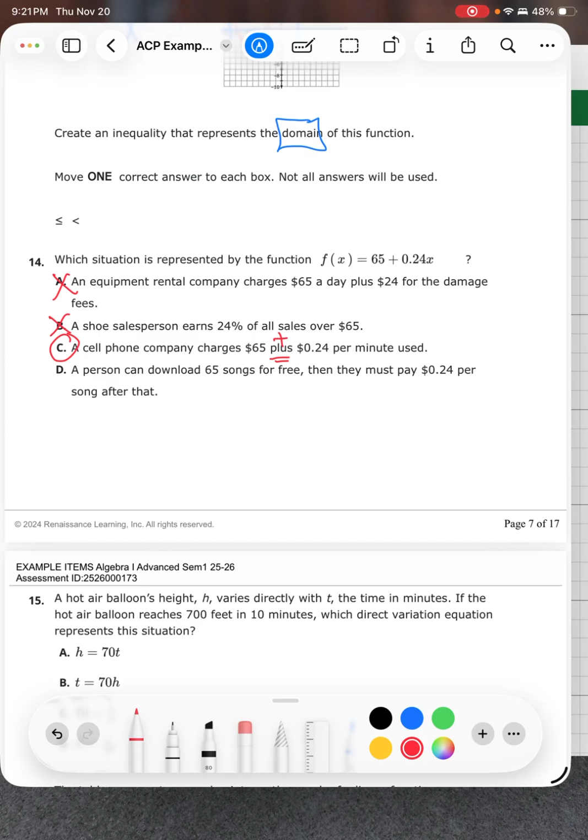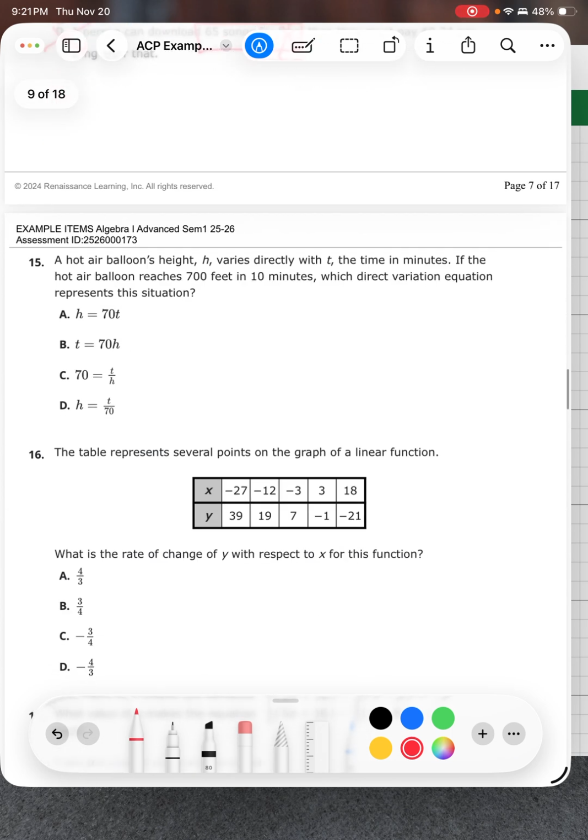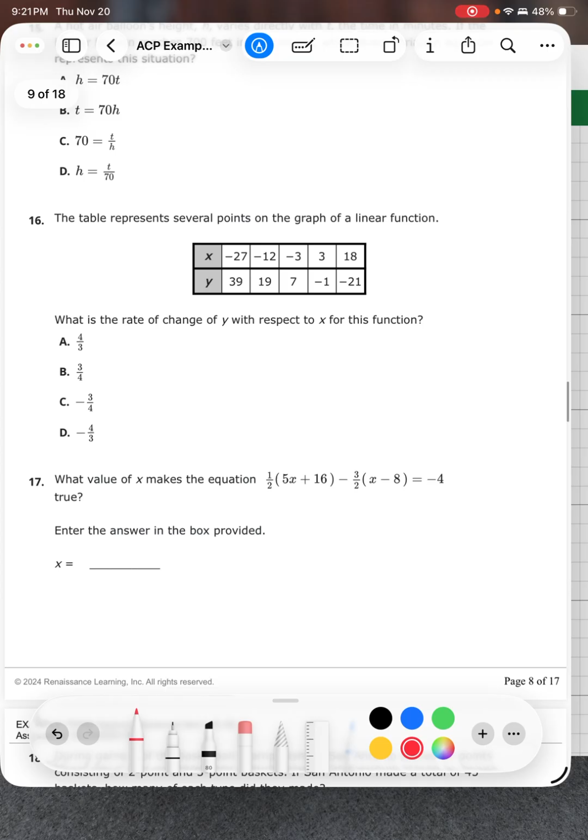A lot of people pick D, but this is 65 songs were free, which means you don't pay for that, right? If it's free, that's not part of something you have to pay for, so that's why D was not the correct answer. Direct variation, we're going to go over more of that in class. 16 should have been easy. Rate of change, remember that's the same thing as slope. All you had to do is plug that in.